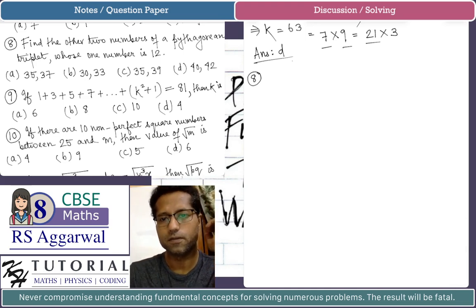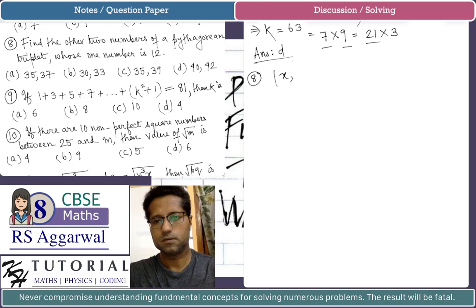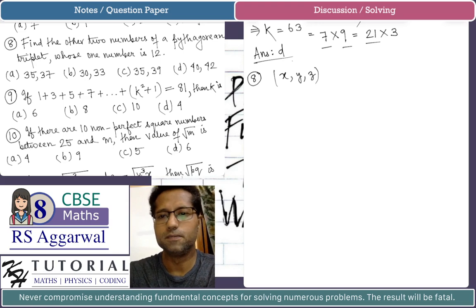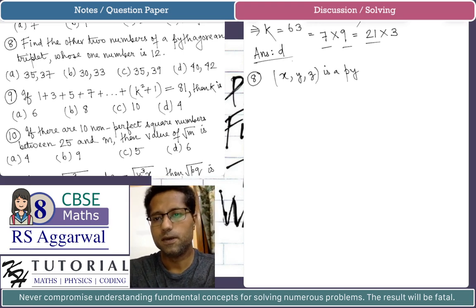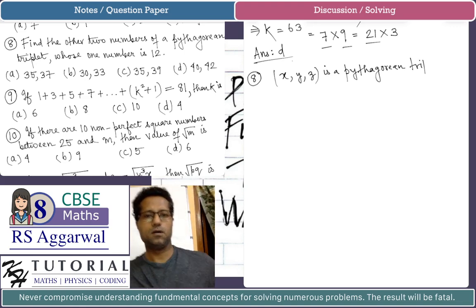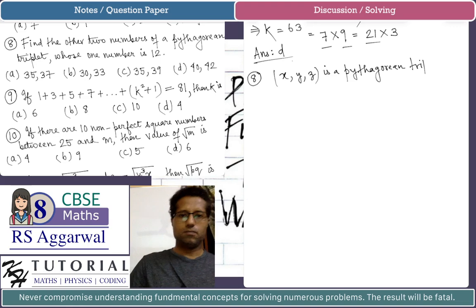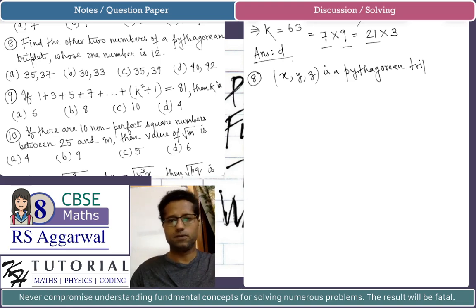Now we know that if x, y, z is a Pythagorean triplet, find the other two numbers of a Pythagorean triplet whose number is 12.